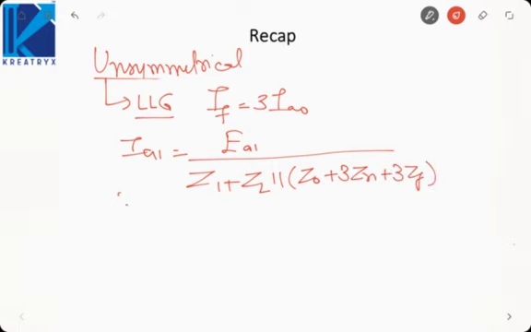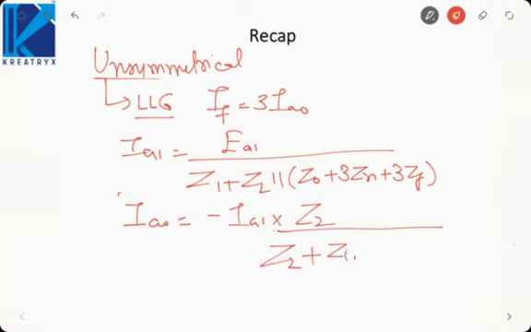And here IA0 was minus IA1 into Z2 by Z2 plus Z0 plus 3Zn plus 3ZF.